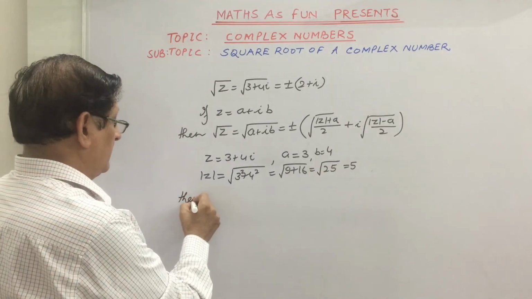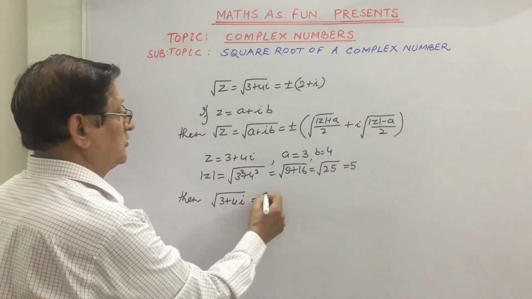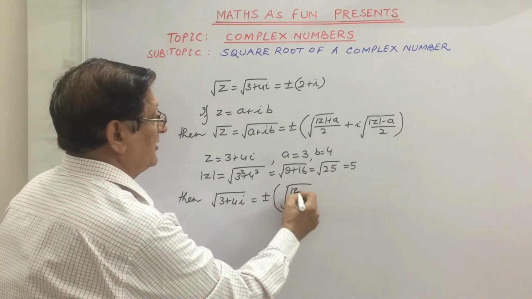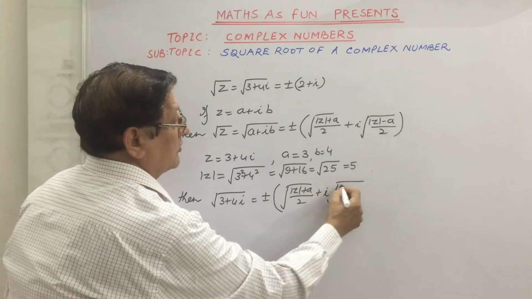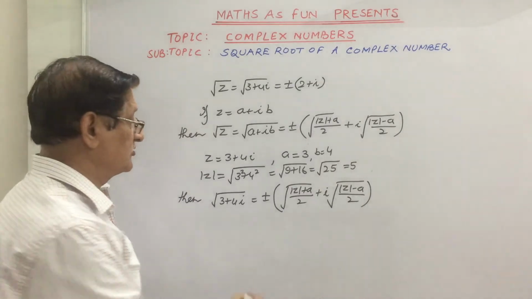Then we use the formula root of 3 plus 4 iota is equal to plus minus root of (modulus z plus a) upon 2 plus iota root of (modulus z minus a) upon 2. Apply the values.